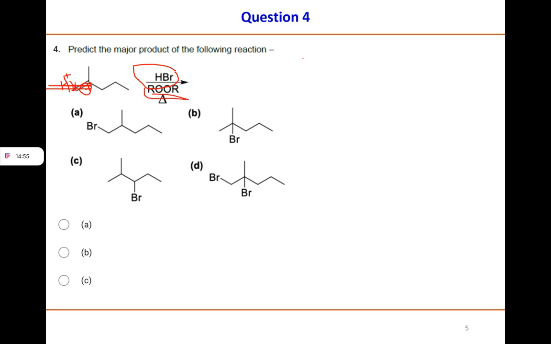Then bromo addition will take place. So if the reaction is going via an ionic mechanism, this would be the product.